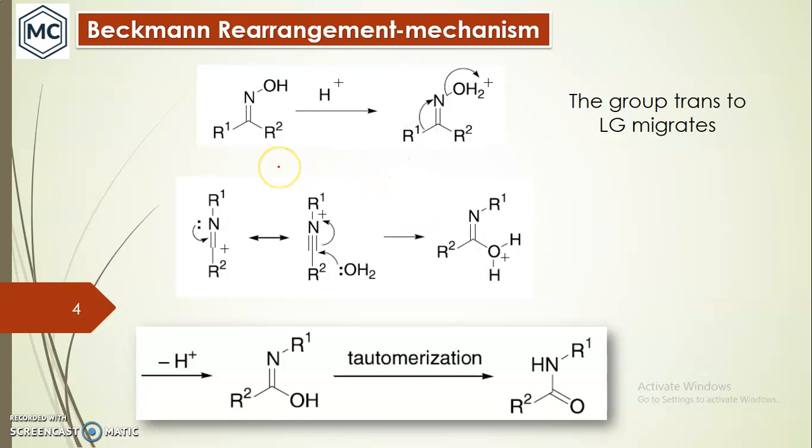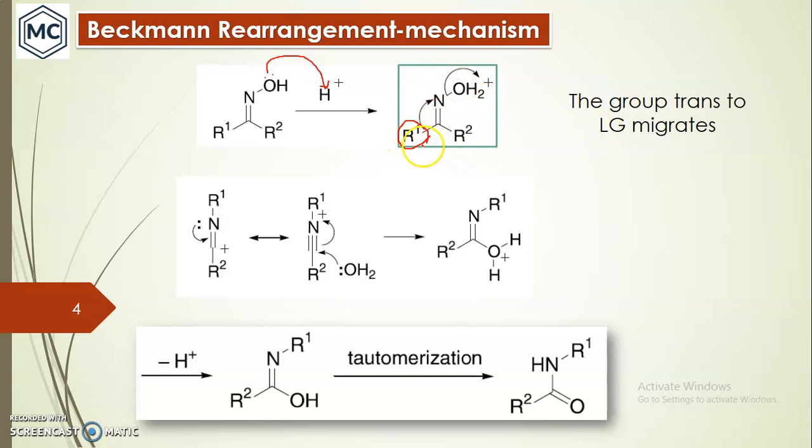Coming to the mechanism of this rearrangement, we are starting with the oxime, and in the presence of an acid, this hydroxyl group gets protonated and it reacts with this protic acid and forms a hydronium, and this is a good leaving group and it leaves, and this is followed by a migration of one of its alkyl groups.